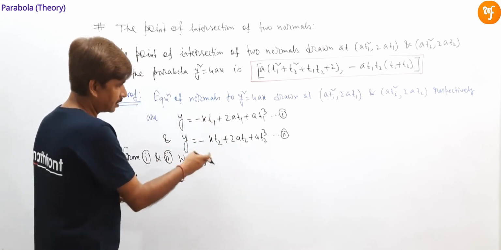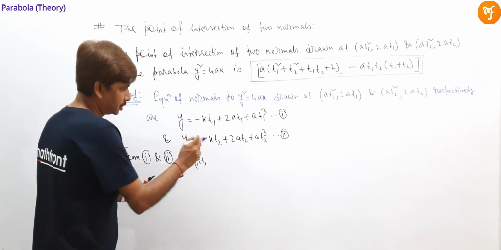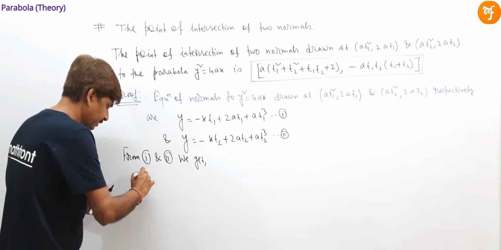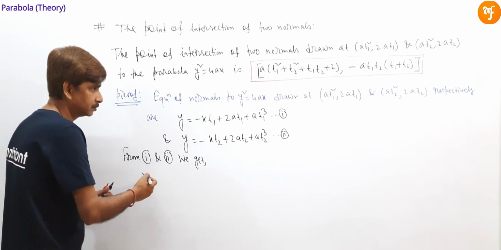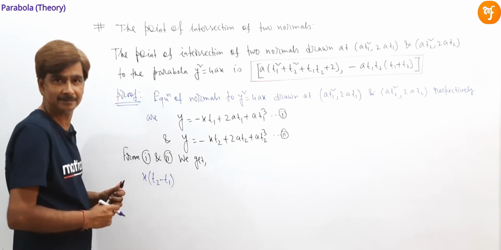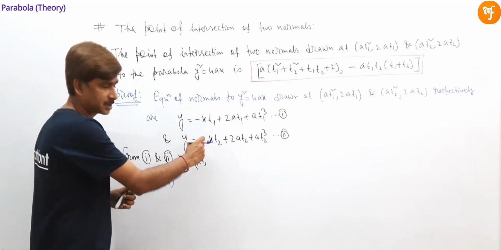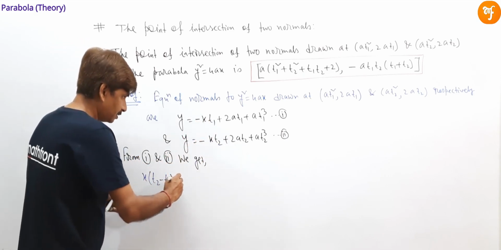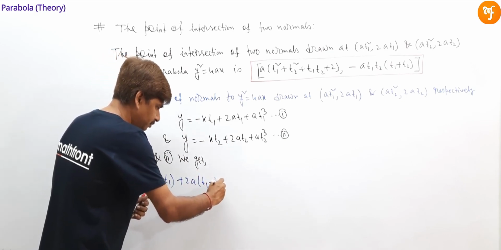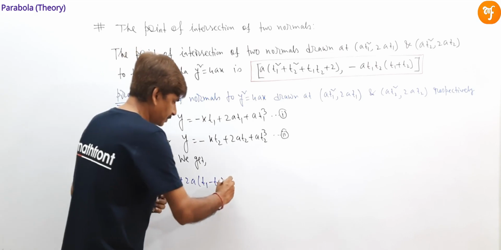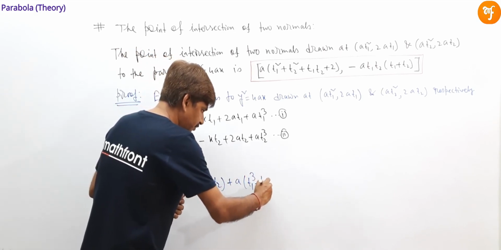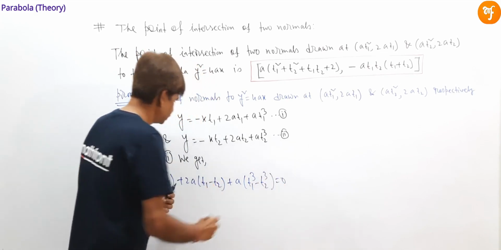Look, just subtract. If we subtract equation 2 from equation 1, we will get x(t2 - t1) plus 2a(t1 - t2) plus a(t1³ - t2³) is equal to 0. Why 0?